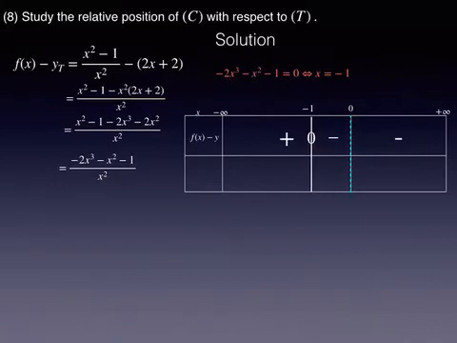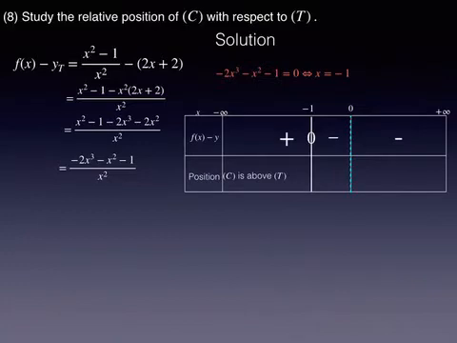Just for example, take any number between minus infinity and minus 1, let's say minus 2, put minus 2 in the expression of f of x minus yt, and then you will get a positive number. Similarly, take minus half, between minus 1 and 0 you will get a negative number, and take 1, let's say between 0 and plus infinity you will get a negative number.